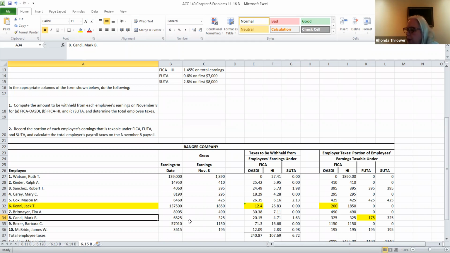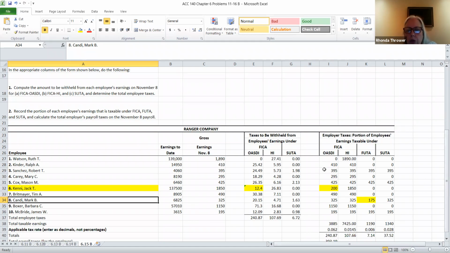So in order to find this 175 here, you take the $68.25 from the FUTA base of 7,000. So 7,000 minus 68.25 is $175 that are taxable for FUTA purposes. The rest of this is basically the same as what we've been doing.